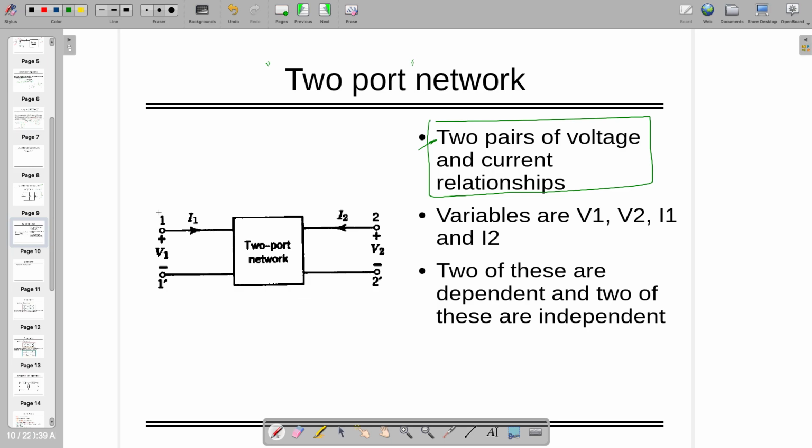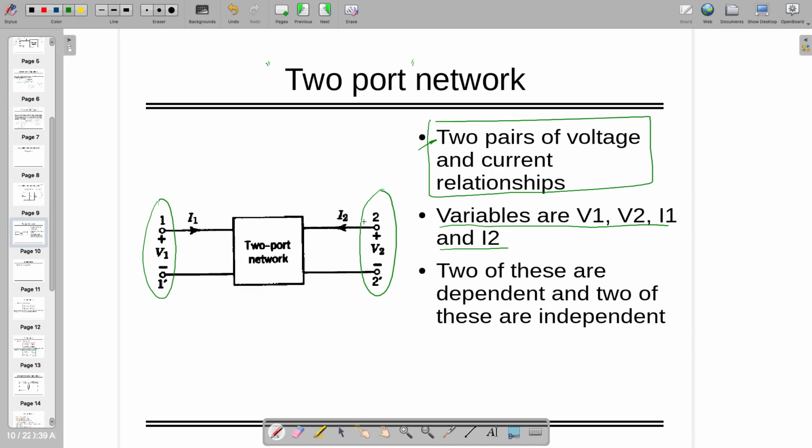You can see that there are two ports available, one is V1 and one is V2, and there are two currents flowing into the two port network, I1 and I2. So you may have four variables I1, I2, V1, V2, and you can write down two equations which are interlinked to each other. Two of these variables are dependent and two of these are independent, right?